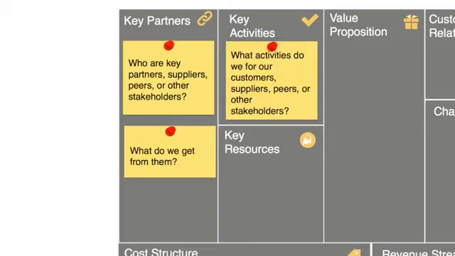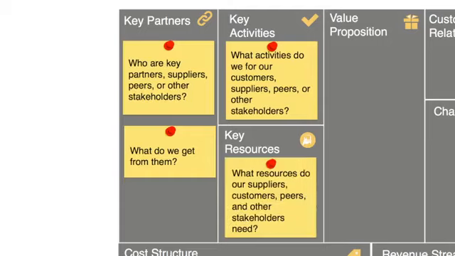Key activities, what key activities do you do for customers, suppliers, peers, or other stakeholders? Again, we don't need a long list of partners or activities in this case, but the essential ones. Key resources, which resources do you or your suppliers, customers, peers, or other stakeholders need?